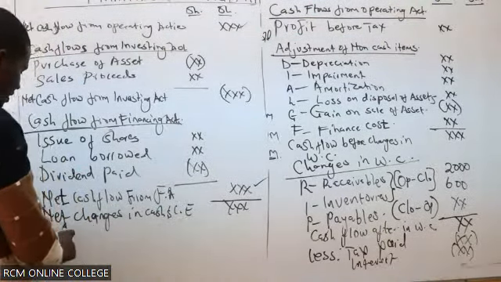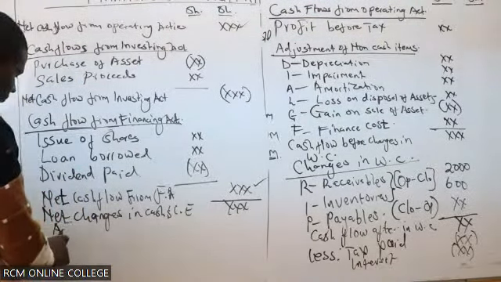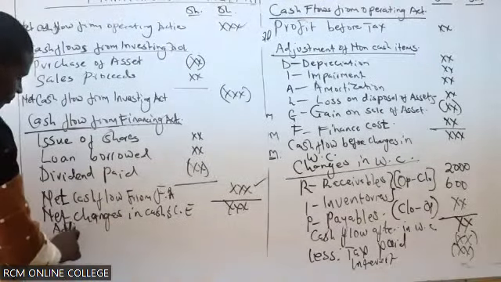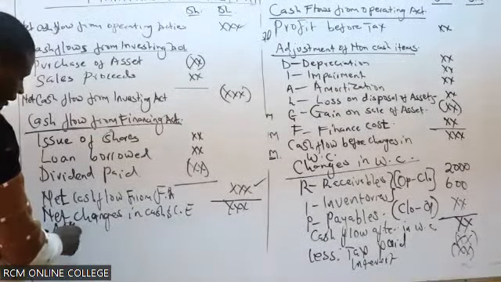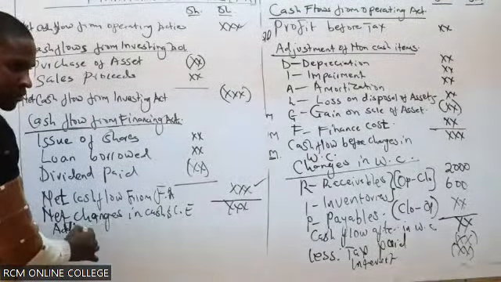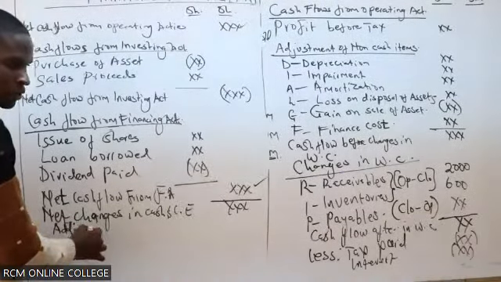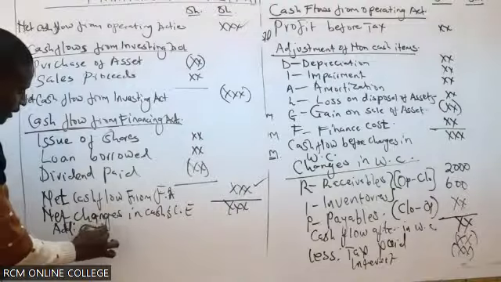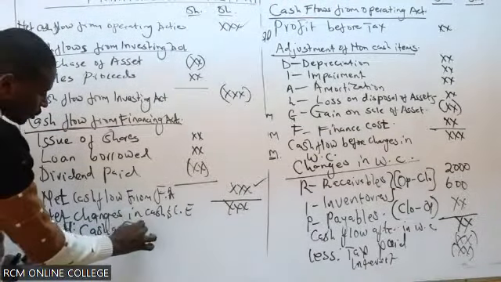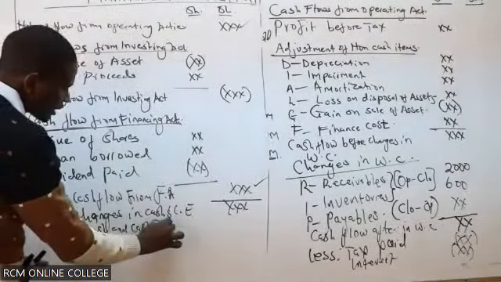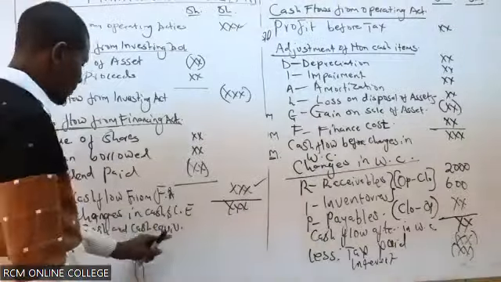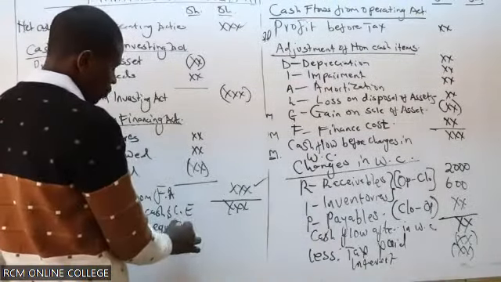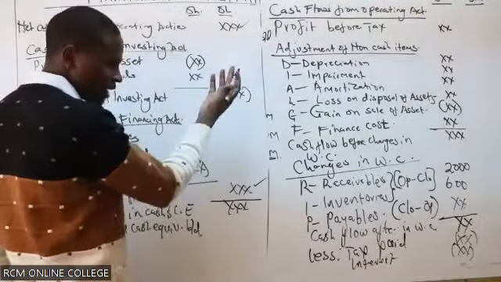Now, the last thing here is we add cash and cash equivalent. Already enrolled, thank you. I'll enroll. Thank you and God bless you. So you add cash and cash equivalent. Then brought down. For our years, where is brought down?